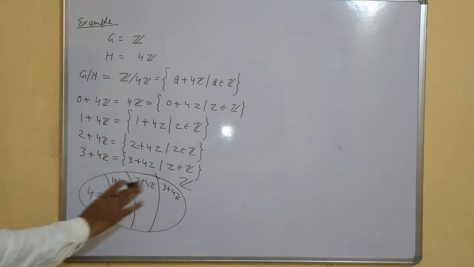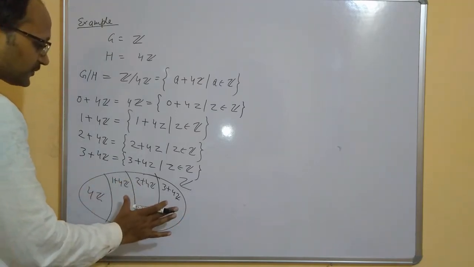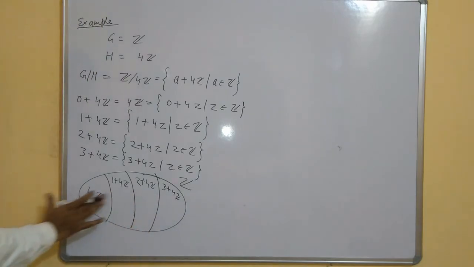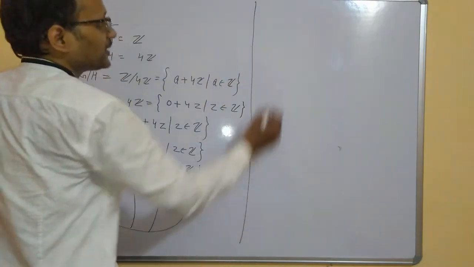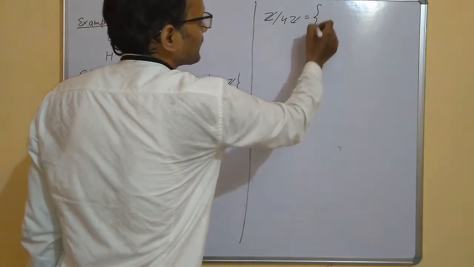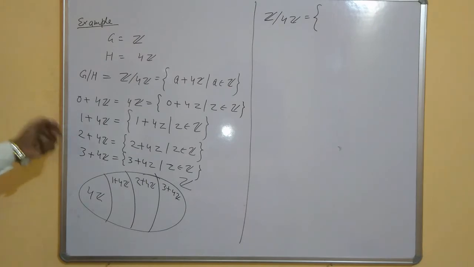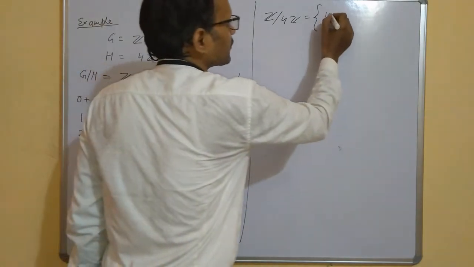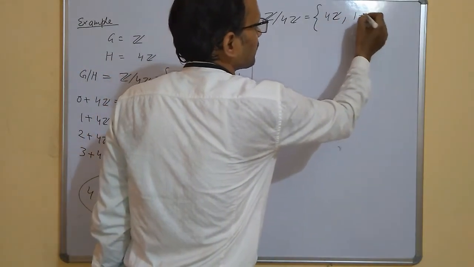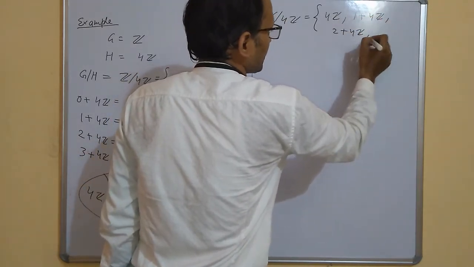So you will not get any further new coset because all the elements of Z are now covered. So the set of cosets Z by 4Z, how many cosets are there? 1, 2, 3, 4. That is 0 plus 4Z, 1 plus 4Z, 2 plus 4Z, 3 plus 4Z.